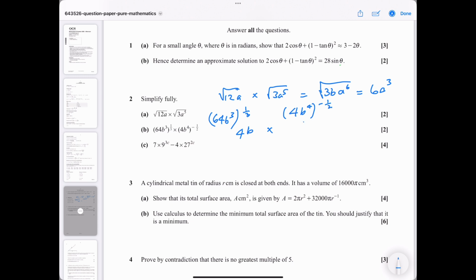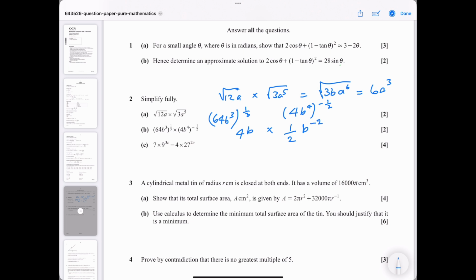So 4 to the half is 2, and then 2 to the minus 1 is 1 over 2, because it's the reciprocal. Now, b to the 4 to the half is b to the 2, or basically, this we times by b to the 4 to that is minus 2.